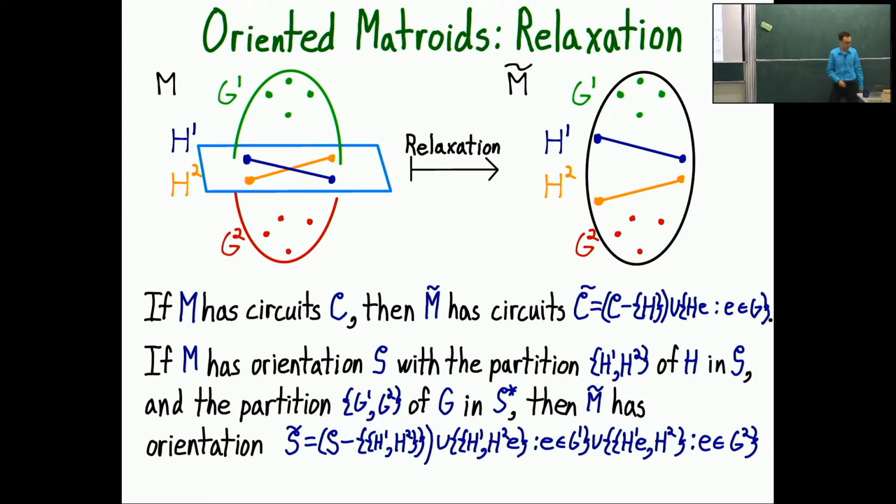The common intersection point of these two circuits has moved slightly up into H1 in this case, and slightly down into H2 in this case. So yeah, H1 would intersect H2 and anything in here, or the convex hull of that.